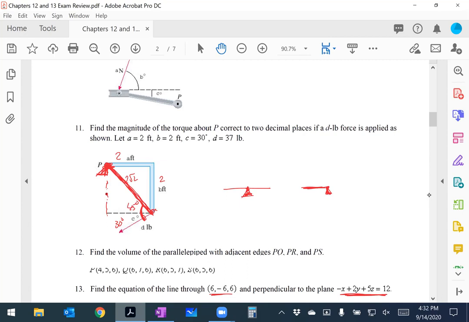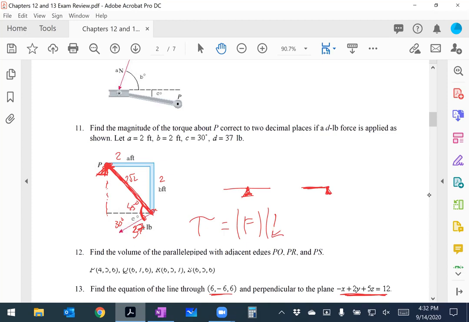And D is 37 pounds of pressure. So my torque is equal to my force times my distance, or work. Is it work, when we're looking for torque? That's right, it's force times distance, or the length of my lever.